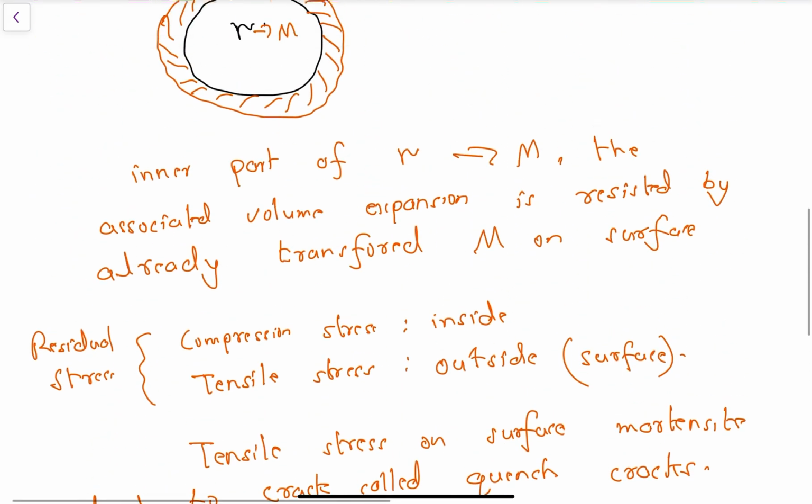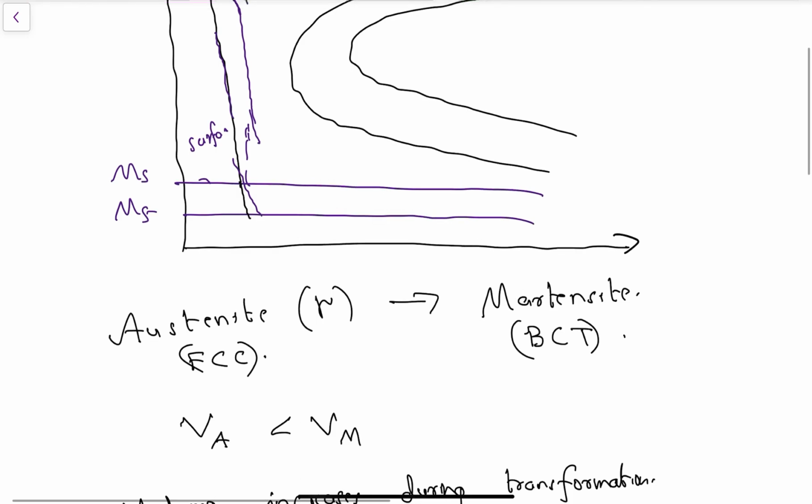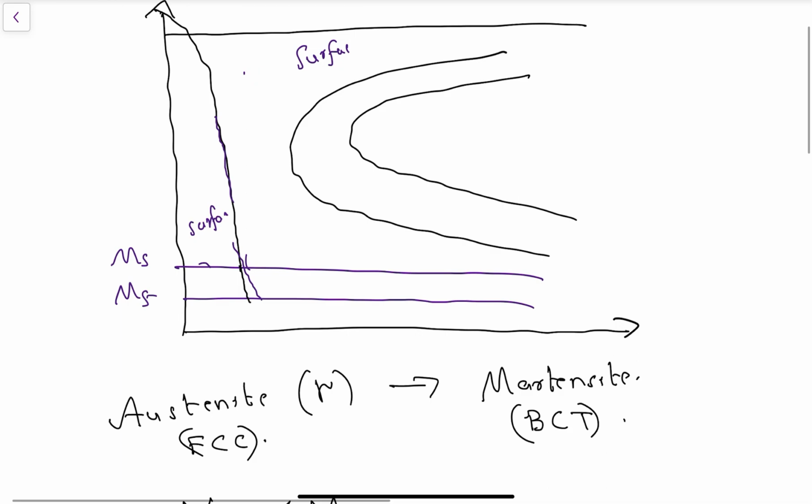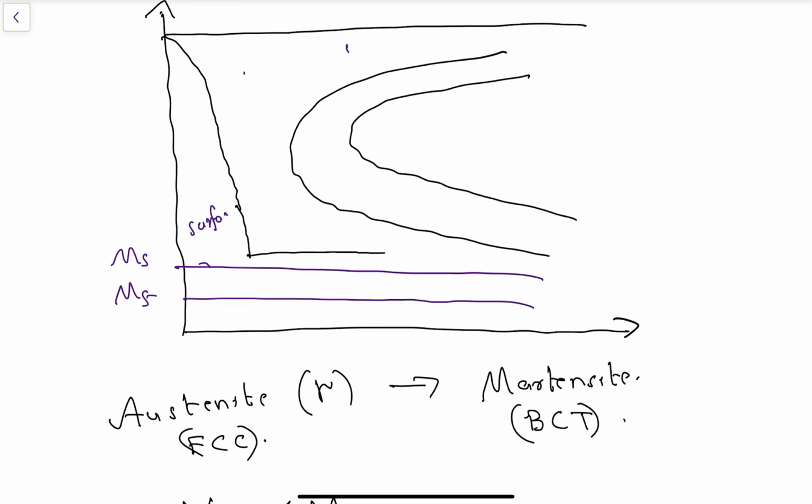In this process, we quench it, and just above the martensite formation temperature, we hold it for a period of time and then cool it.